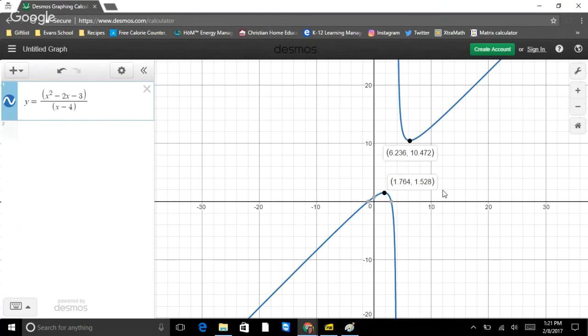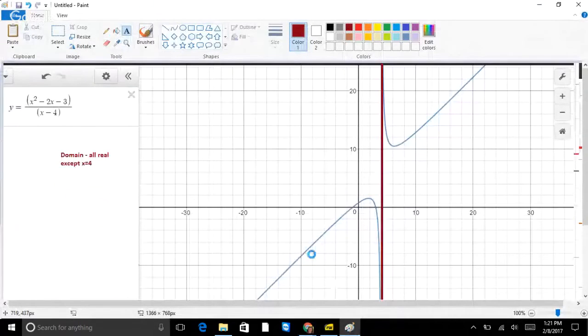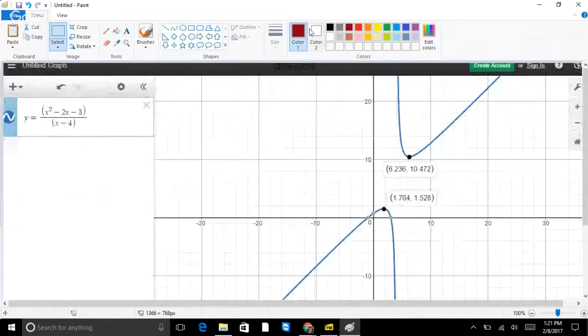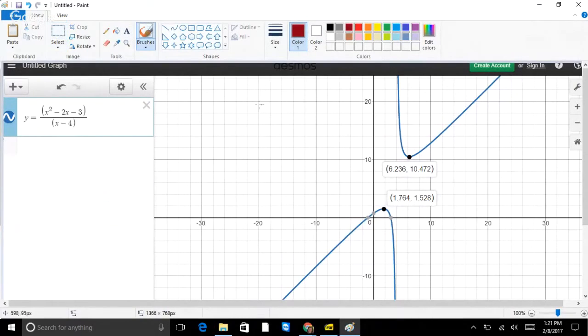Okay, so my y values can be anything. Let me print screen this again. Okay. My y values can be that y, right? Y can be anything less than 1.528, and it can also equal 1.528, right?